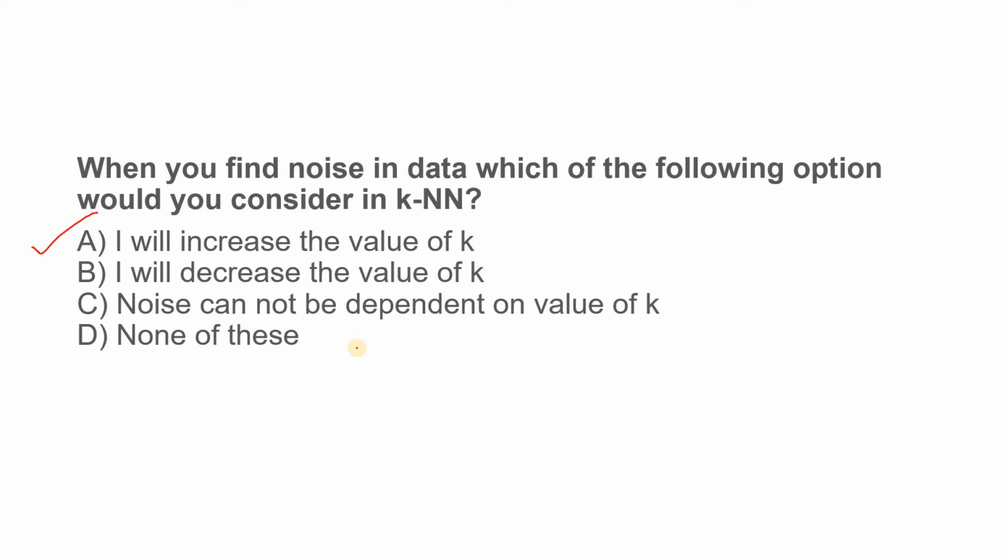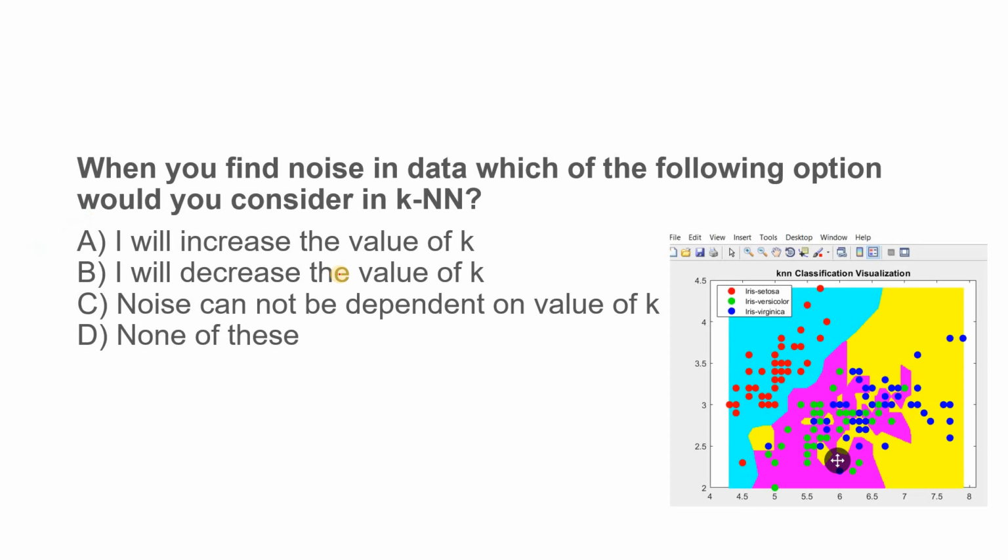Now why am I telling this? The explanation is the same as what we have discussed about how the decision surface varies with respect to k value, right? If you just recall, for a very small value of k, when we have taken this knn classifier with k equal to 1, we have seen that a single noisy data point, suppose this one, has an effect.